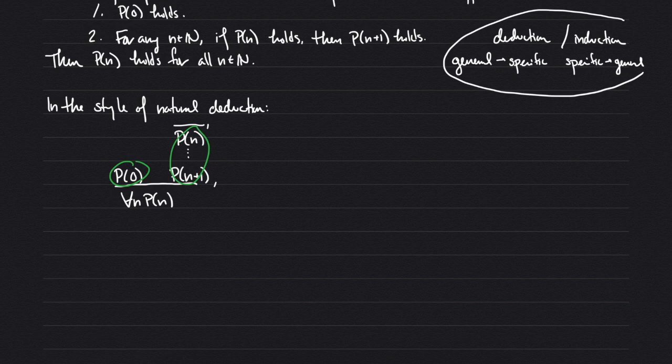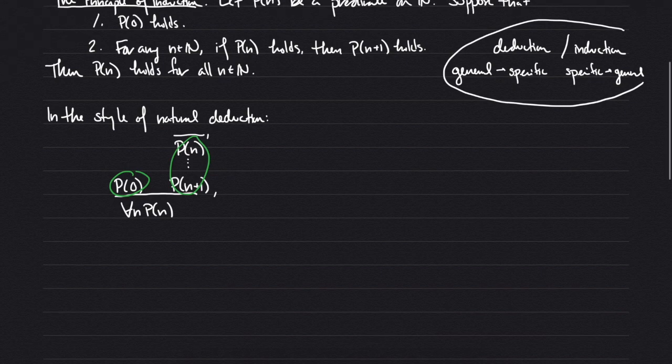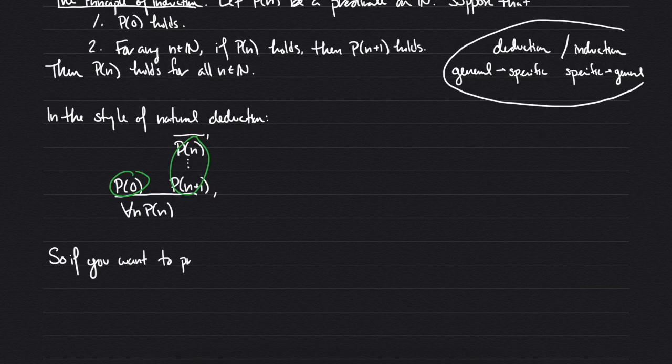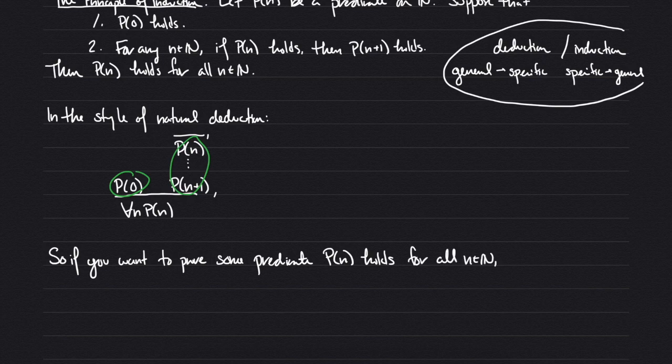Okay, so how do we use it? Let me reiterate the principle of induction, but by talking about how we use it. If you want to prove some predicate P of n holds for all n in the natural numbers, then we have to do two things.